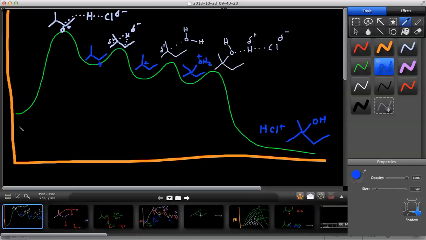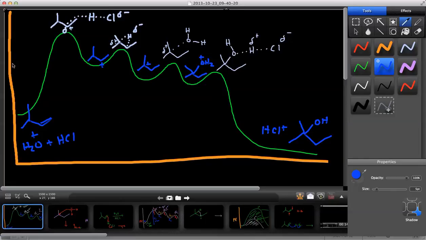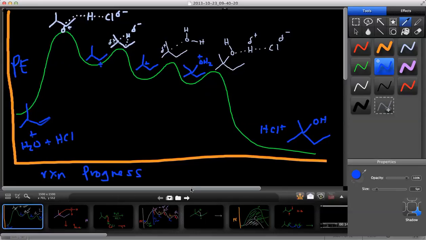Reactant. And of course we have potential energy versus reaction progress or reaction coordinate.